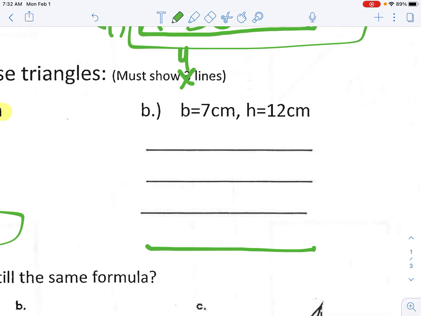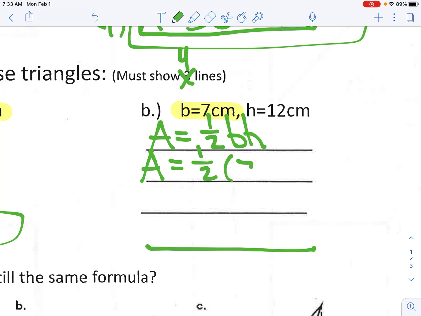All right, so we need our formula. Area equals 1/2 of base times height. Base is 7 centimeters, so I'm going to substitute. Substitute is when our variables become numbers. So my base is 7, and my height is 12.